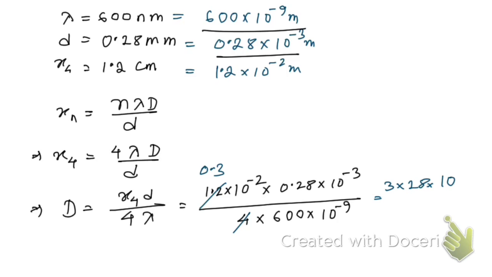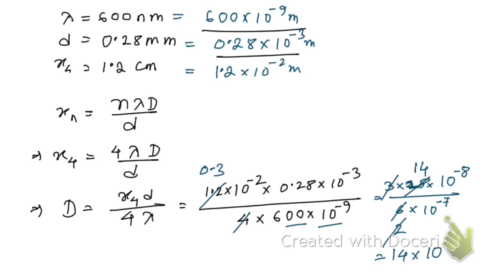And in the denominator we have 600 into 10 to the power minus 9, that's going to be 6 into 10 to the power minus 7. So 3 cancels 6, that's going to be 2. Here we have 28, 2 cancels 28 gives 14, and 14 into 10 to the power minus 8 plus 7, that's going to be 10 to the power minus 1, and if you multiply these two, you should get 1.4 meter. So this is capital D.